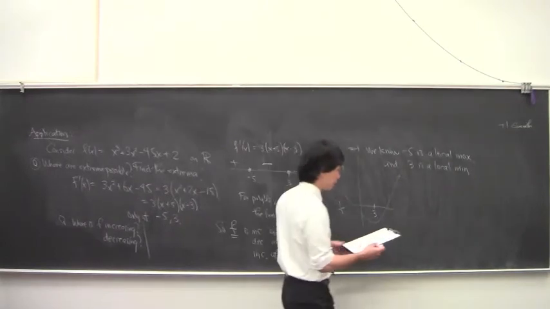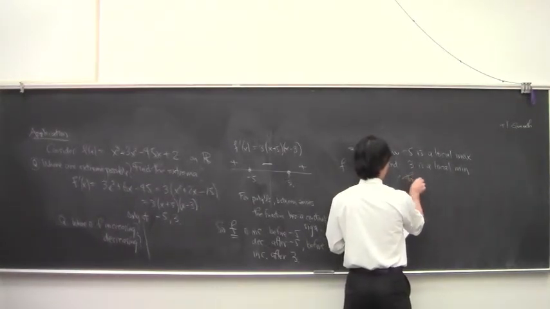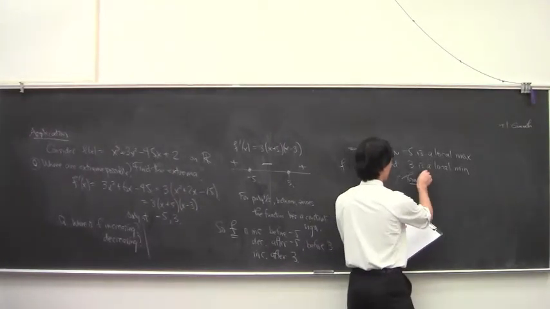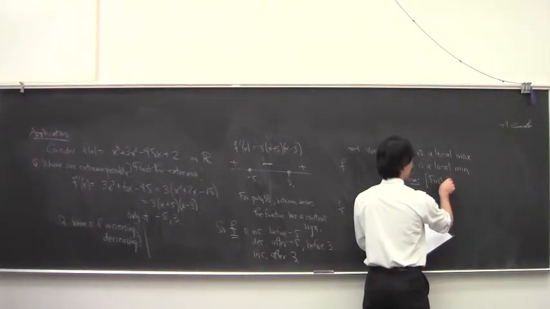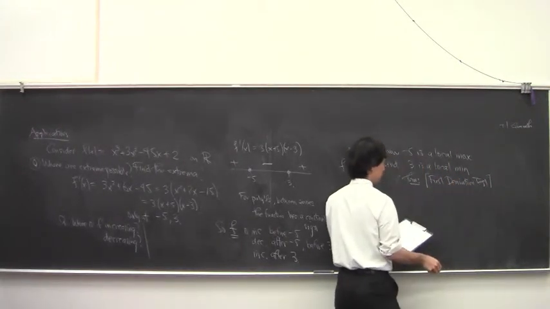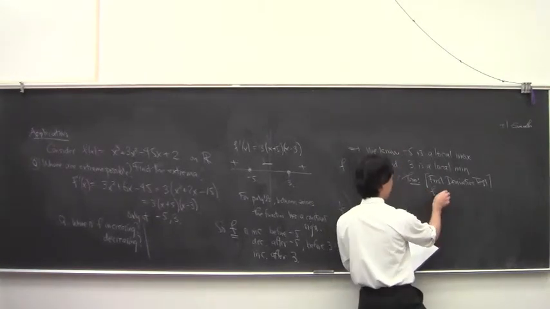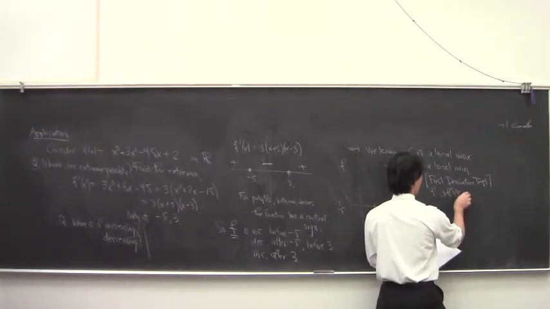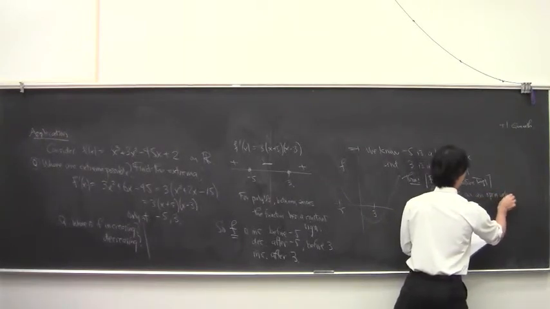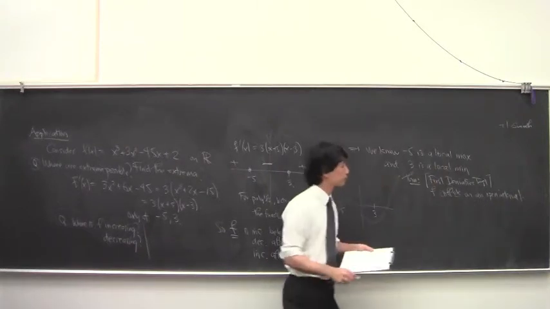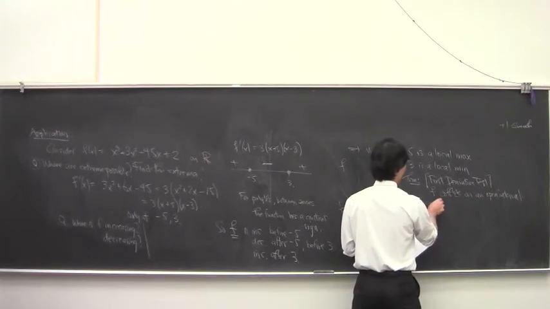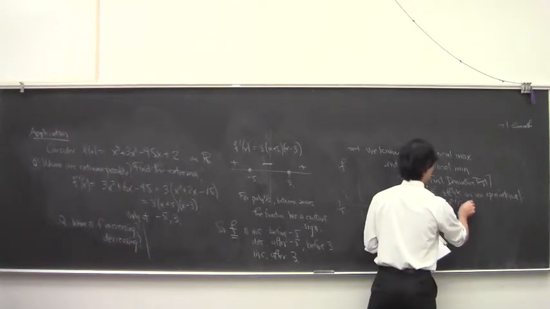So let me write down what we just did. Let me codify what we just looked at. This is called the first derivative test. You have some function f, differentiable on an open interval, and suppose that f prime of c equals 0.